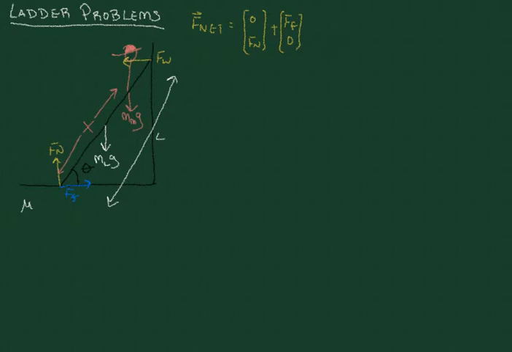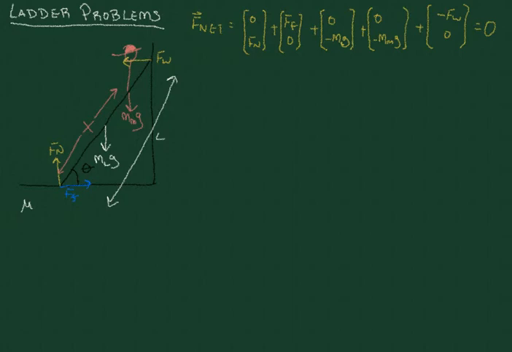We have a gravitational force acting on the center of mass of the ladder. We have a gravitational force acting at the place of the man. So we should have had an L here for that M. And we have a force from the wall acting to the left. And of course, the sum of all of those forces is going to be 0.